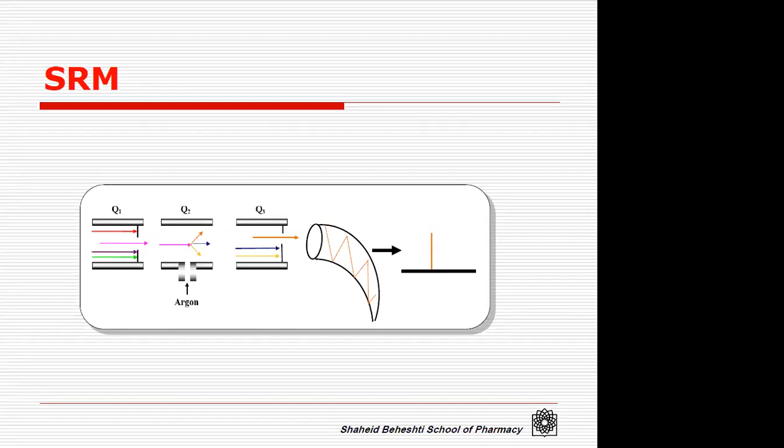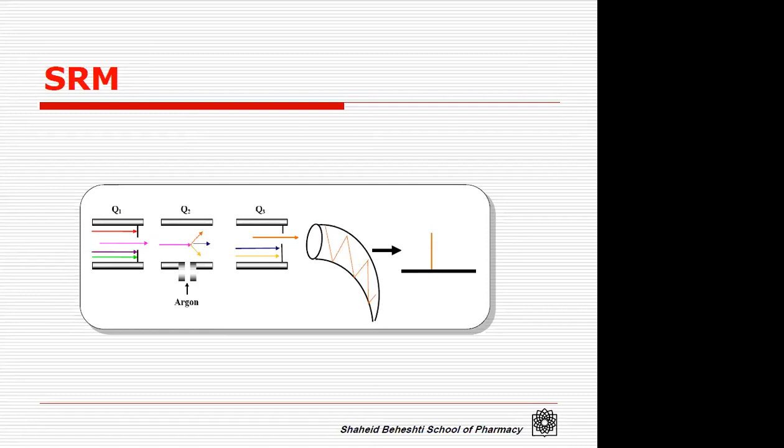And if we have those fragments recorded and we get the mass spectrum, then we will have the fingerprint for the compound. And this is the way we usually determine the structure of a compound.